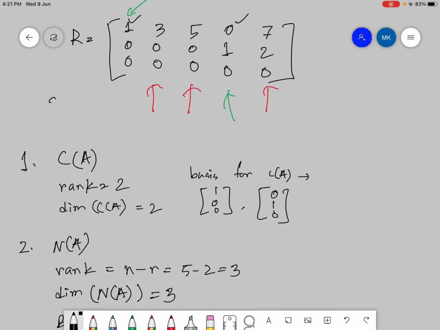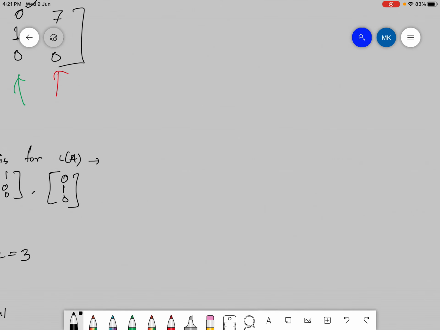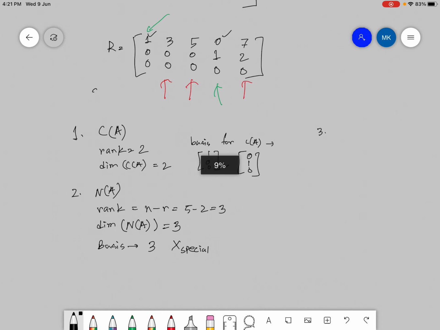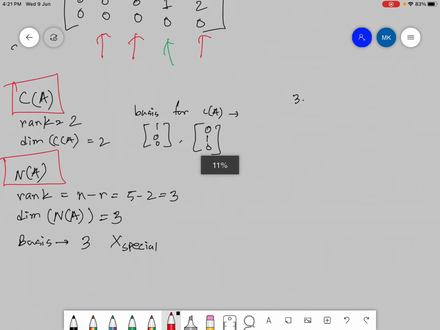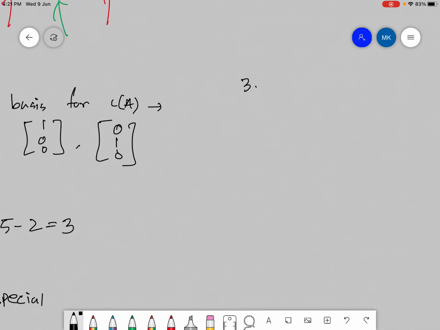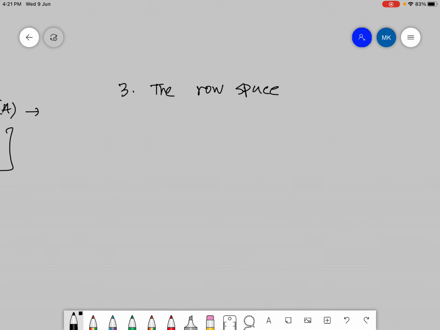So now we'll have to work with the row space. So from the name, so this is column space, null space. From the name you already assumed that the row space is basically the space spanned by the rows of any matrix.